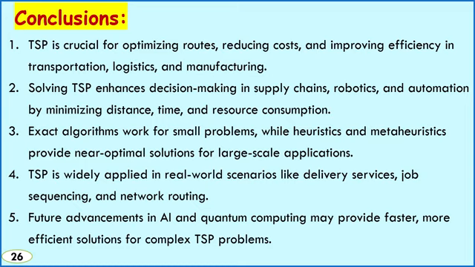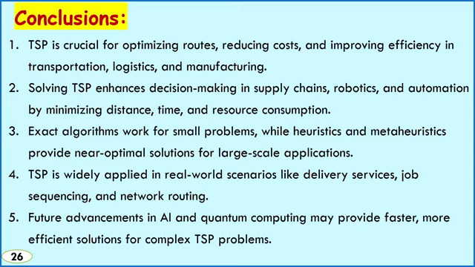Finally, I would like to conclude that the traveling salesman problem is crucial for optimizing routes, reducing cost, and improving efficiency in transportation, logistics, and manufacturing. Solving the traveling salesman problem enhances decision making in supply chain, robotics, and automation by minimizing distance, time, and resource consumption.